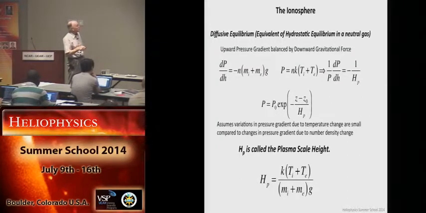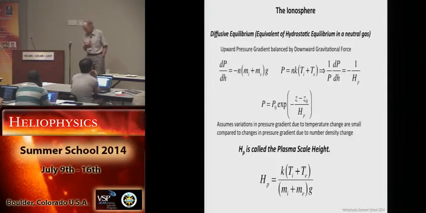But the plasma consists of ions and electrons, so the pressure is NkT_i plus T_e. When in equilibrium with gravity, it falls off with altitude according to a scale height, which contains both the ion and the electron temperatures. You can refer back to your notes on Dr. Gombosi on that, but that's the scale height of the ionosphere.